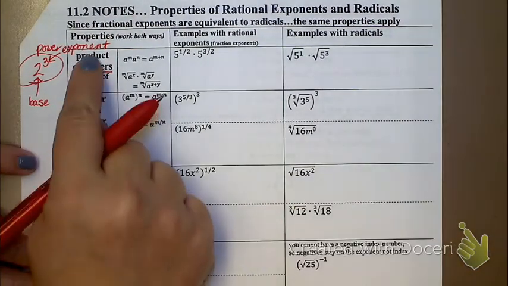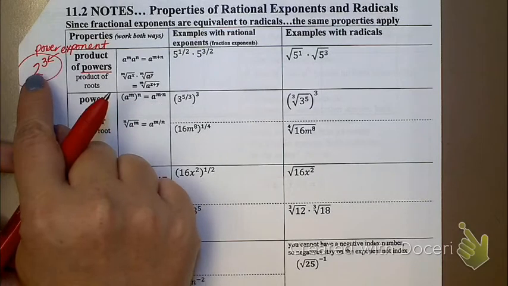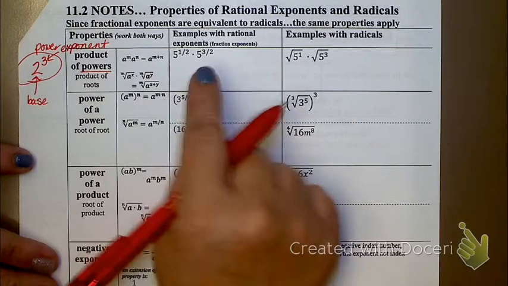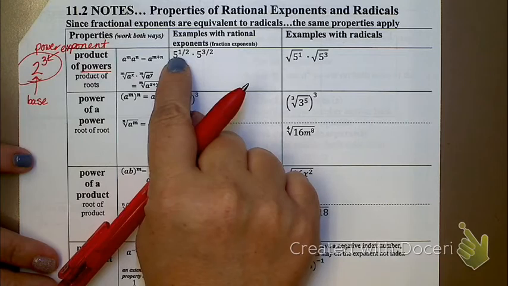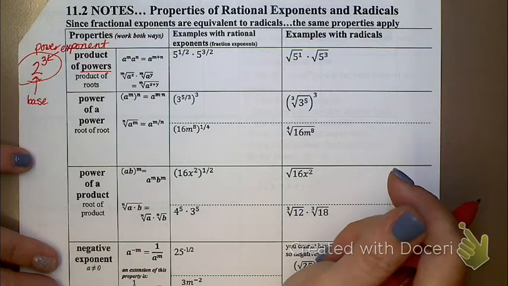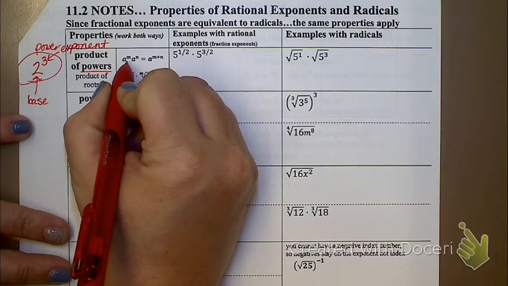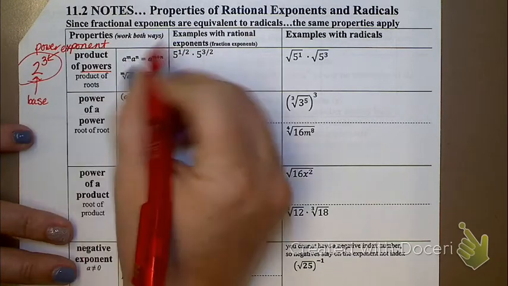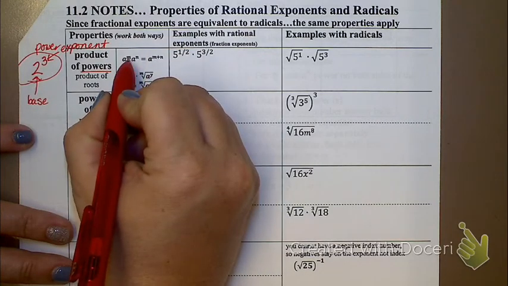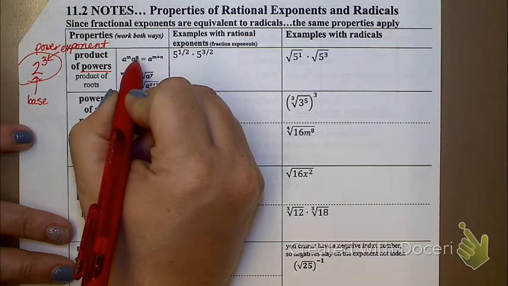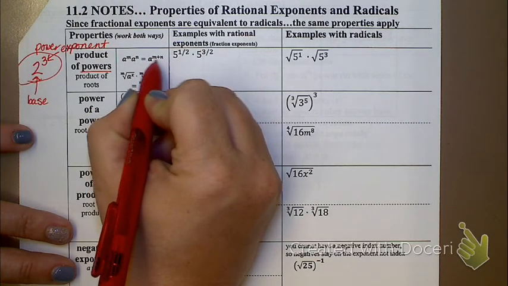So the product of powers simply means I have two of these things being multiplied, such as right here. I have 5 to the 1/2 times 5 to the 3/2. Now when you did it with nice numbers, not fractions, you would have like 2 to the 3rd times 2 to the 2nd, and you would add your exponents.